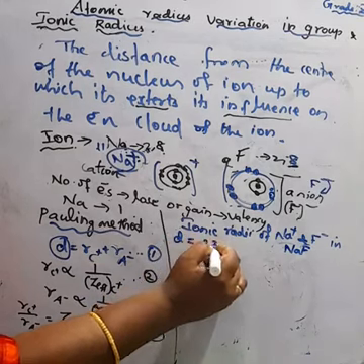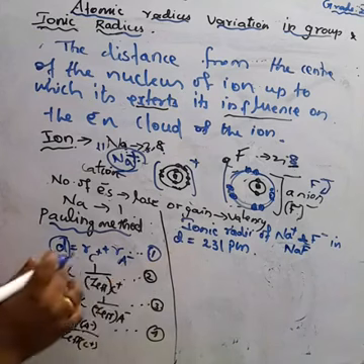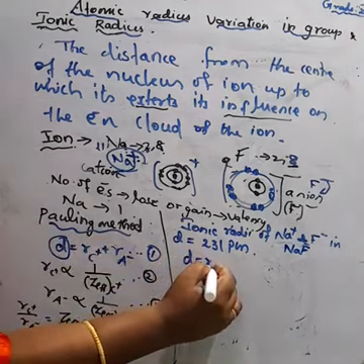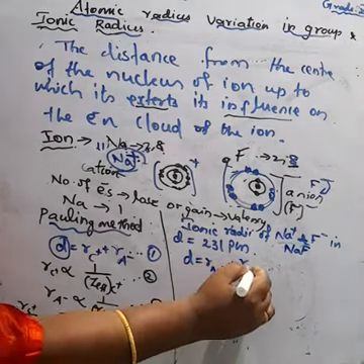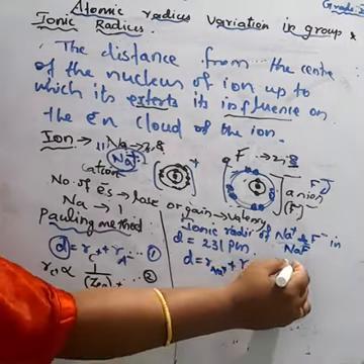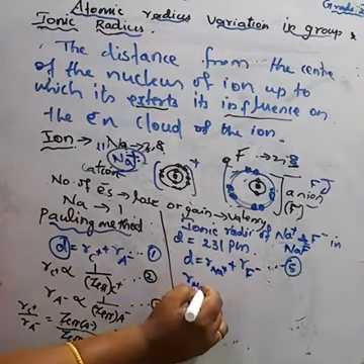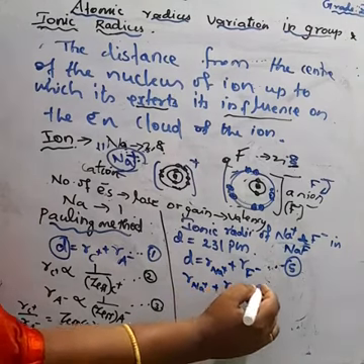So what is equation number 1? d is equal to RNa plus RF minus. We are taking this as equation number 5. We know the distance d is 231 picometer, so RNa plus RF minus is equal to 231 picometer. We take this as equation number 6.